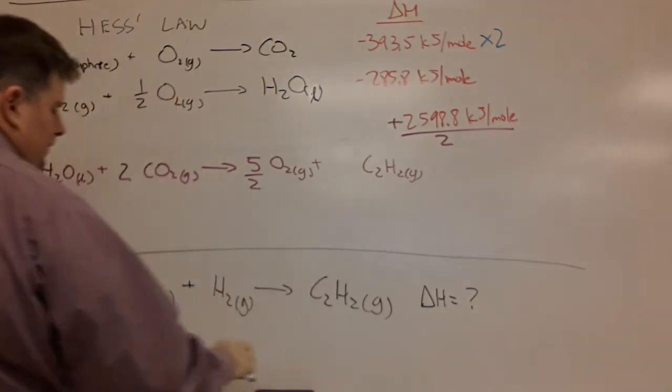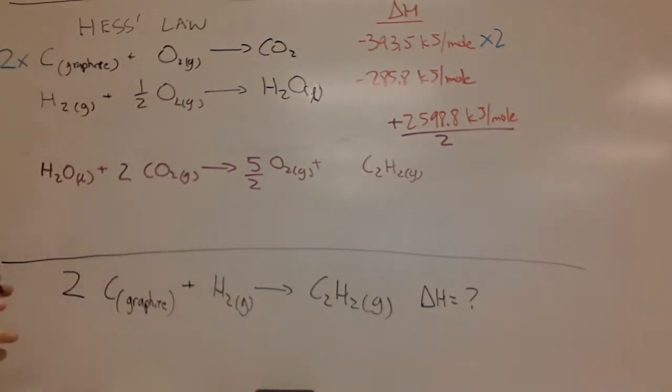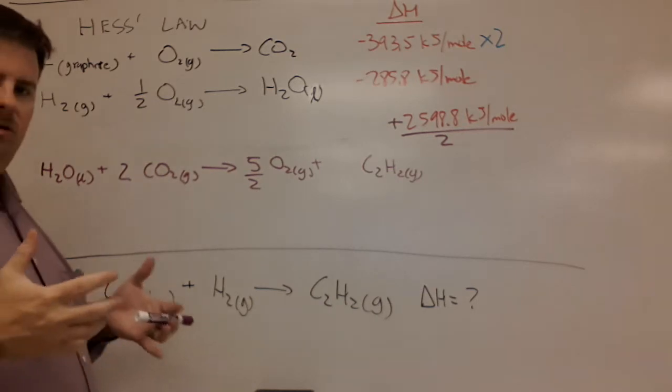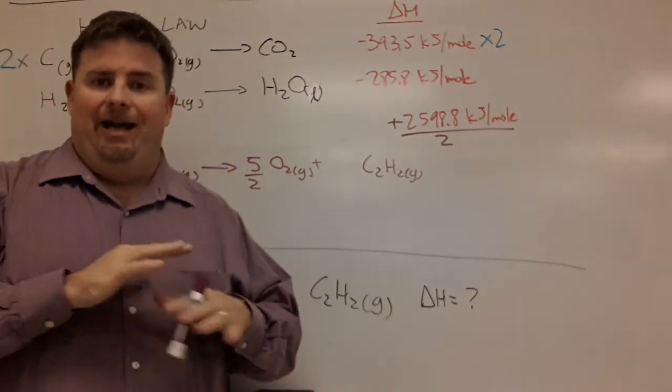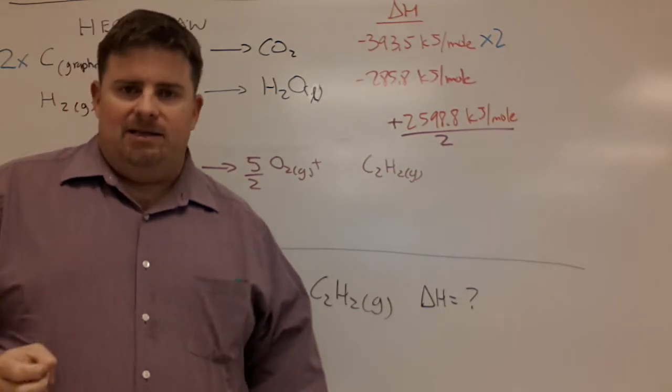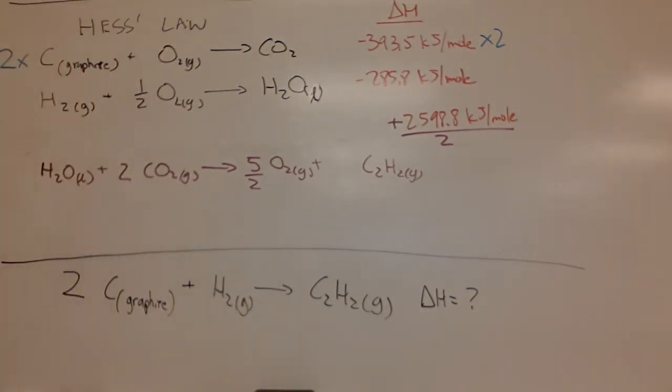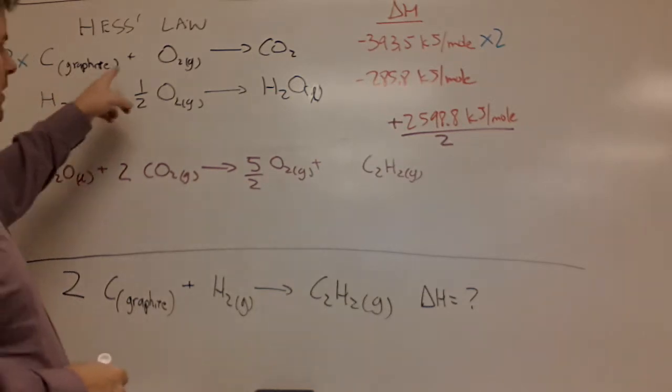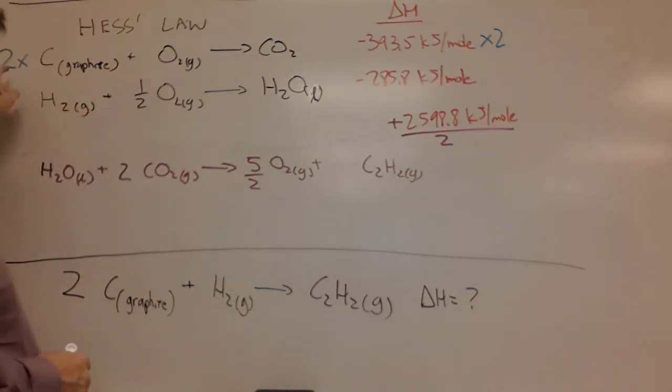All right? Now, in order for Hess's law to work, I can't have any extra atoms or molecules floating around. Everything has to cancel. Okay? Now over here, I've got my graphite, that's fine. I have 1 oxygen. Okay? Since I've got 1 oxygen here, that's wonderful. But I multiplied that entire thing by 2.